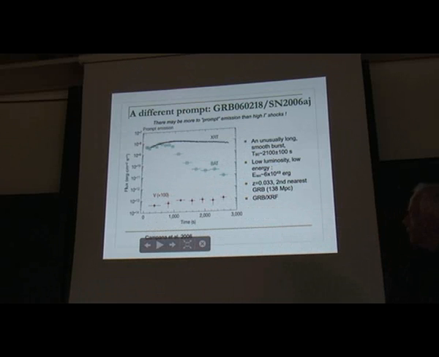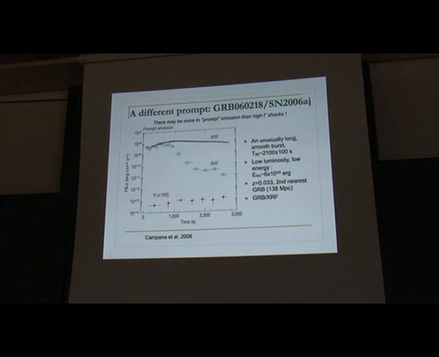Okay, so one of the other interesting things with prompt emission is that we know the picture that long bursts arise from the collapse of massive stars, and a supernova is associated with them, and eventually after several days you see the supernova become optically thin.